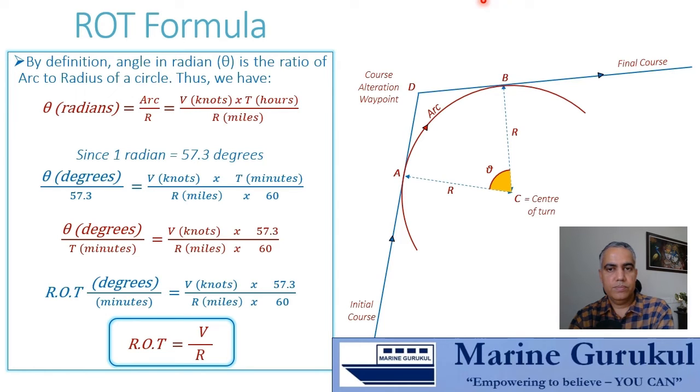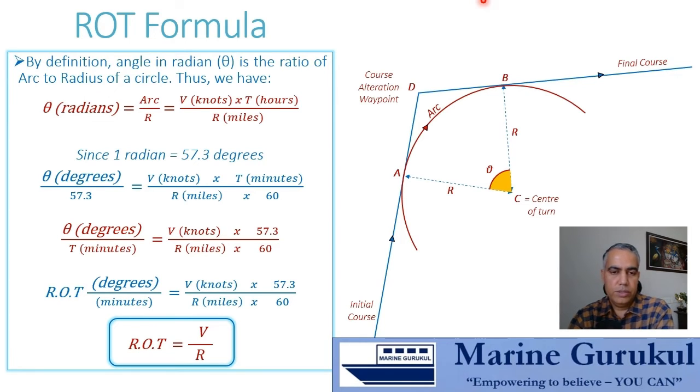Now this formula gives us a very good insight into the turning of a ship. In this formula, the speed of the ship on the right hand side and the radius, both of them are in the navigator's control and they can be altered as required.